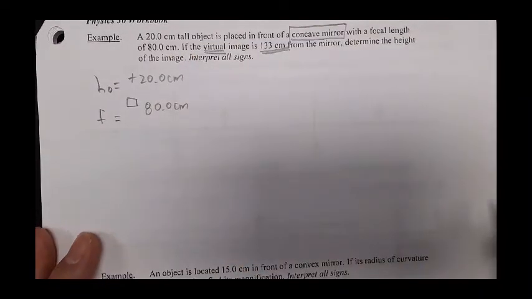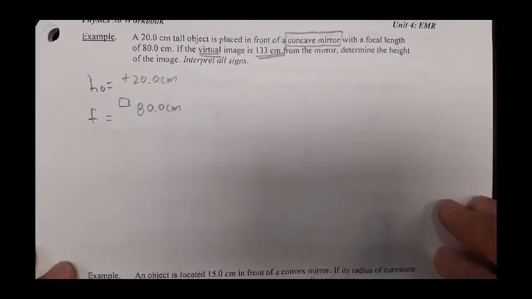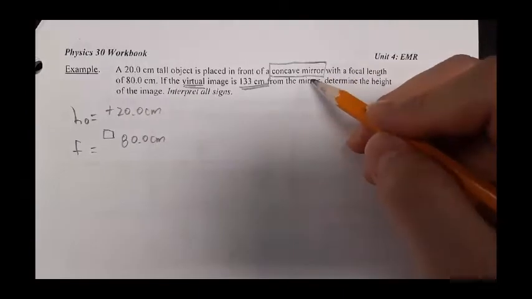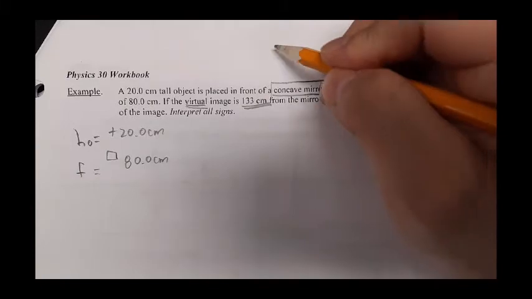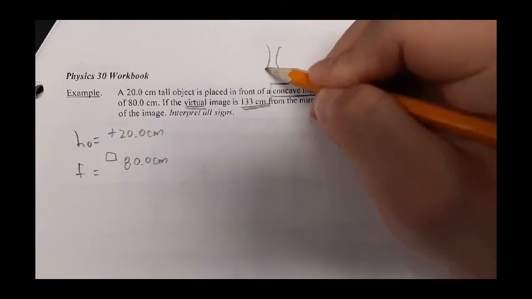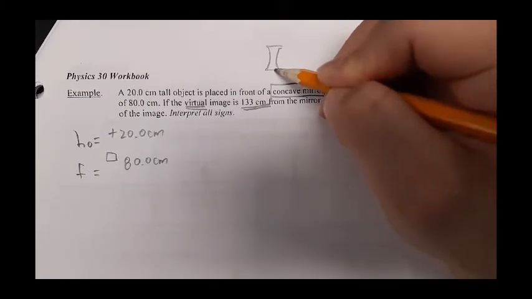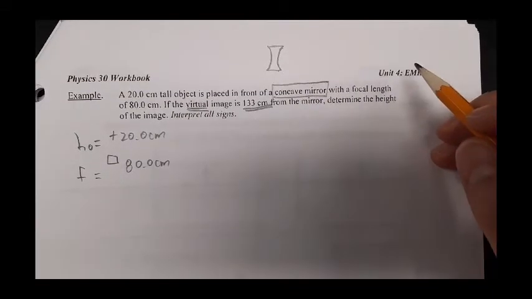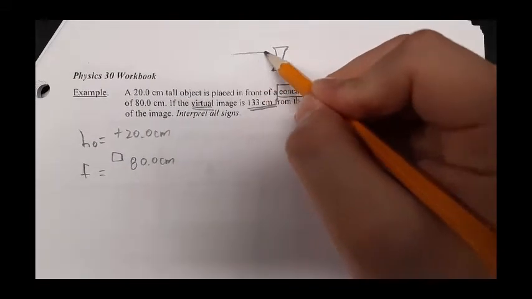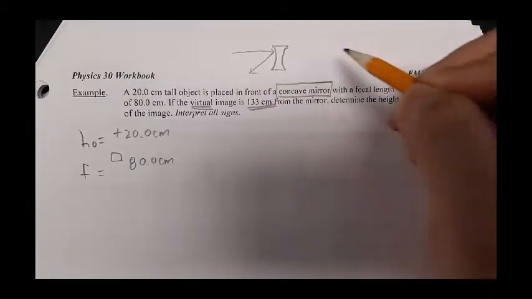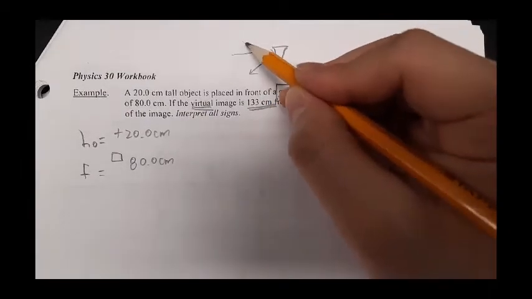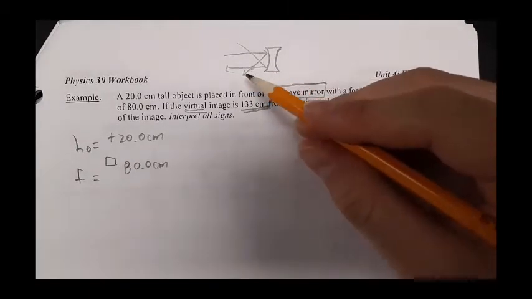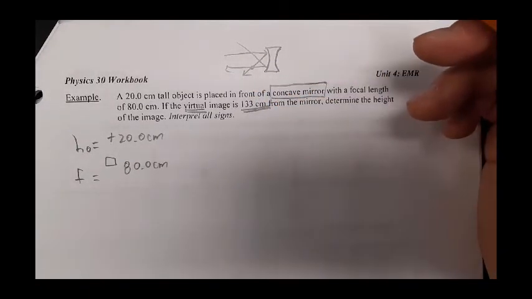Now, how can we know if things are positive or negative? Let's talk about the concave mirror first. A concave mirror goes like this. If you imagine drawing the image in your head, you may notice that this is a situation where light goes towards the center, which means it is converging.